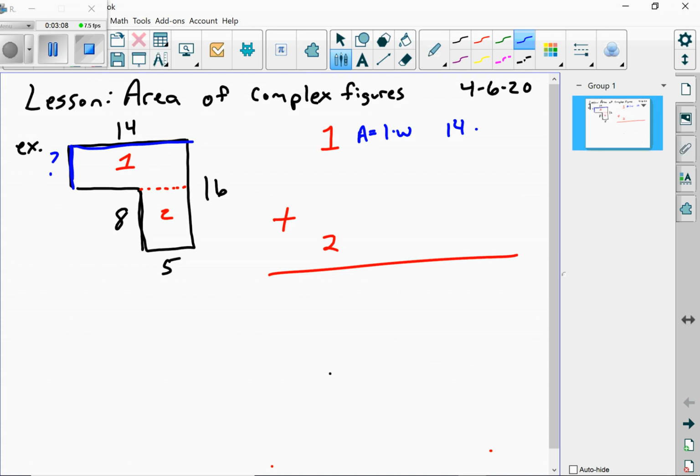I put a question mark there. Things I know about the problem is that this long side is 16 and this short side is 8, which means that my question mark side would have to equal 8 if I subtract 16 minus 8. This long side minus this side would be the short side. So that means the width on this is an 8.